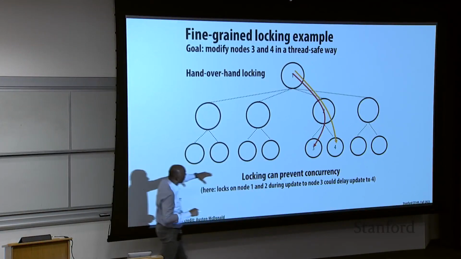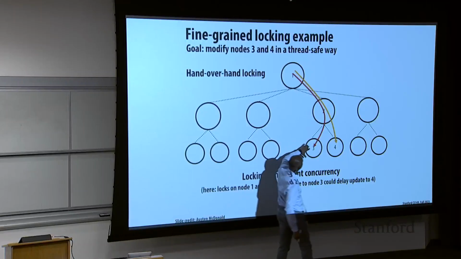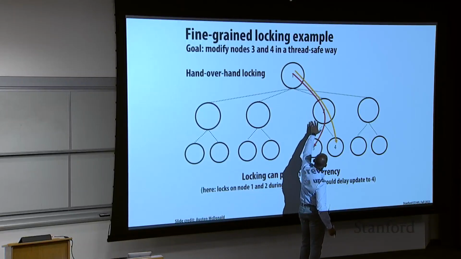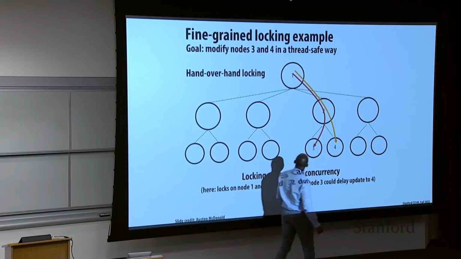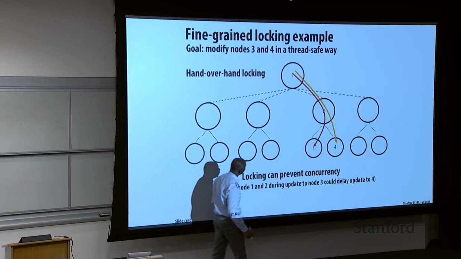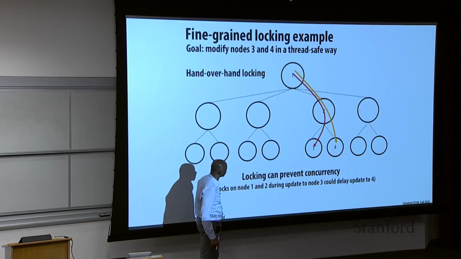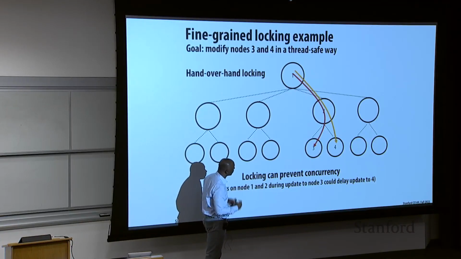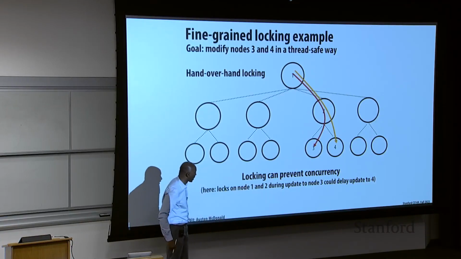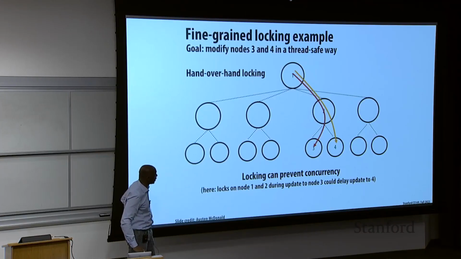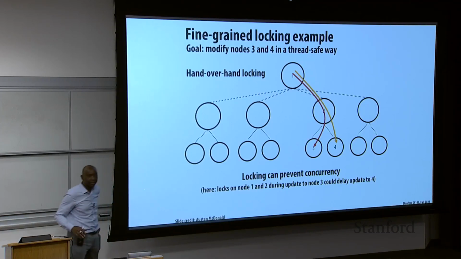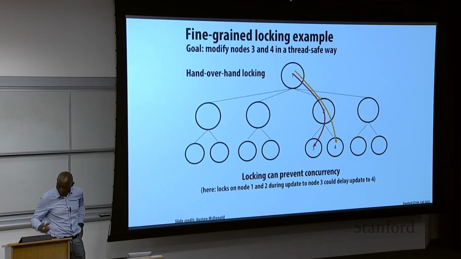The red path is the path to node 3, and the yellow path is the path from the root to node 4. Since both paths go through nodes 1 and 2, you potentially have a case where the update of node 3 delays the update of node 4. Does everybody see that? Okay.